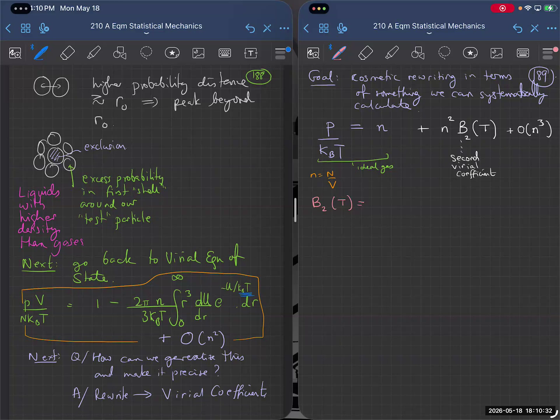I'm going to write it like this. It's minus 2 pi over 3 kBT, the integral from 0 to infinity of r cubed du by dr e to the minus u over kBT dr. So that's a true statement. And now I'm going to do a very nice trick.